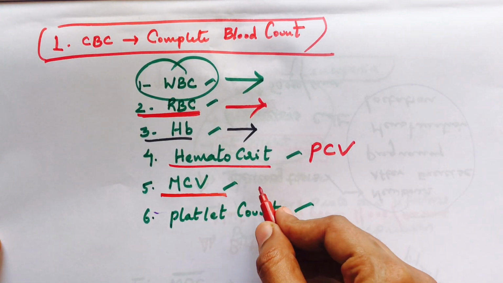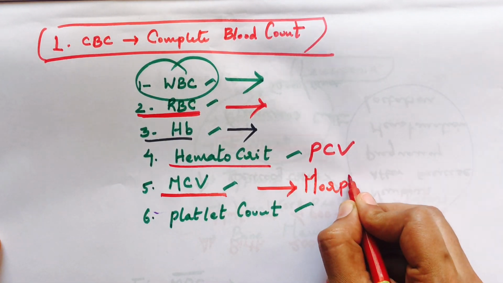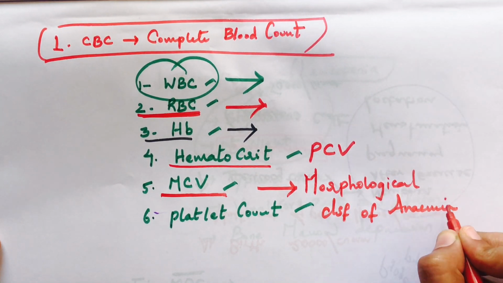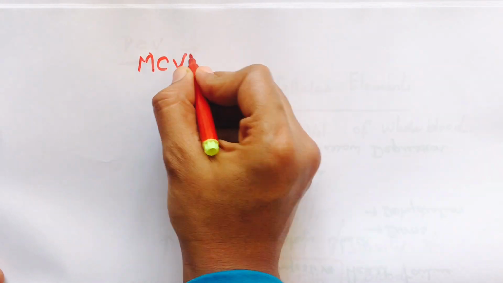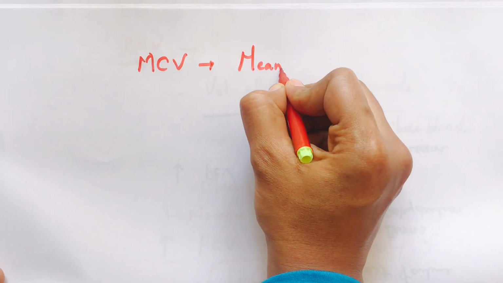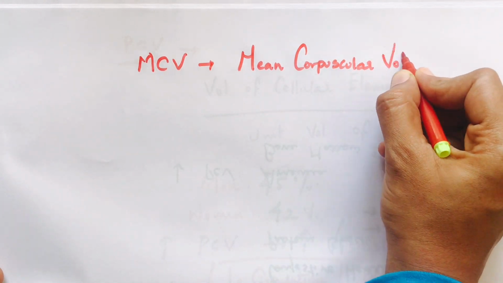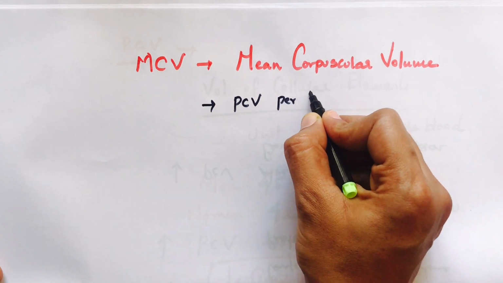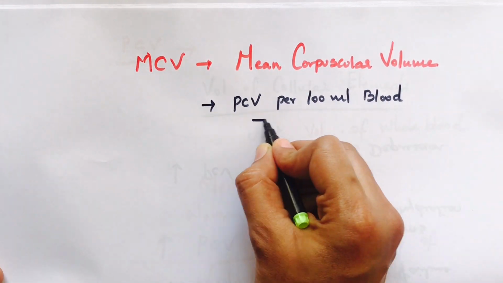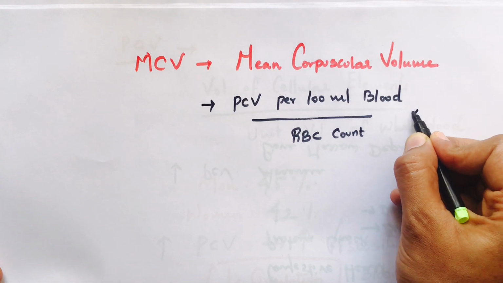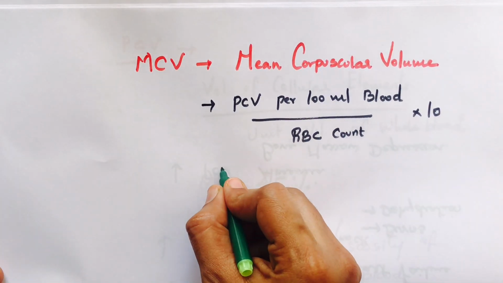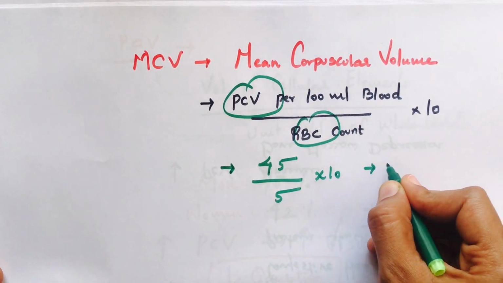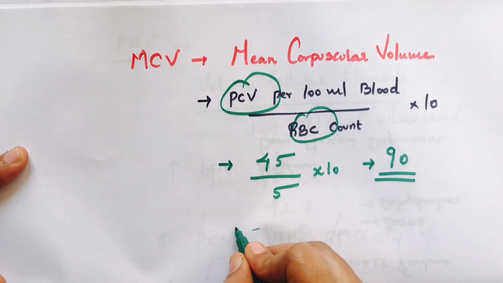What is MCV? MCV stands for mean corpuscular volume, and this test is ordered to analyze the morphology of red blood cells. This can be calculated as packed cell volume per 100 ml of blood divided by Rbc count, into 10. Average packed cell volume is 45% and Rbc count is 5 million, into 10 is 90.